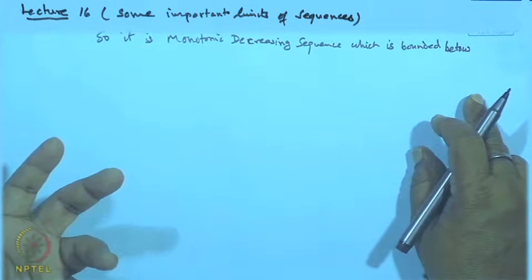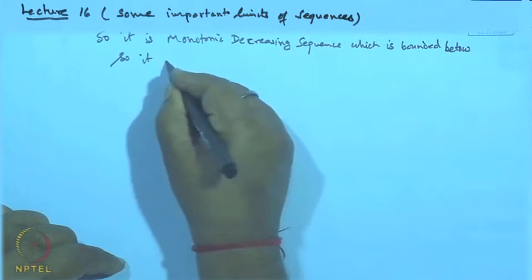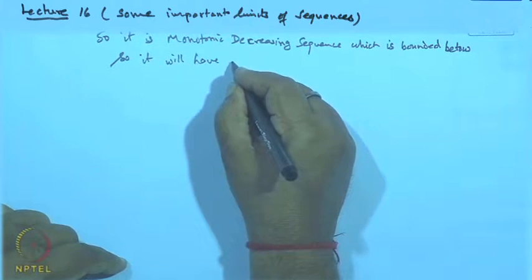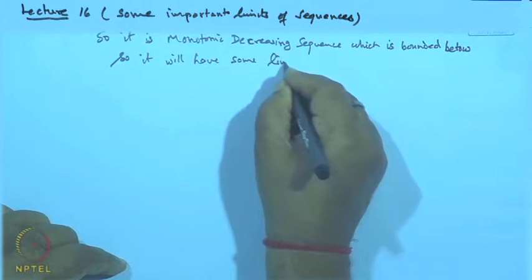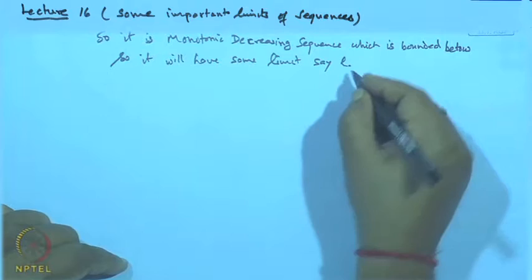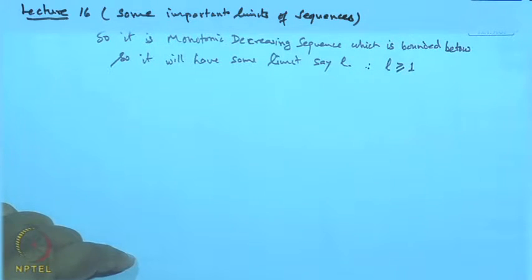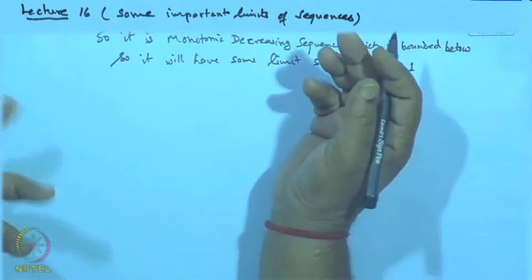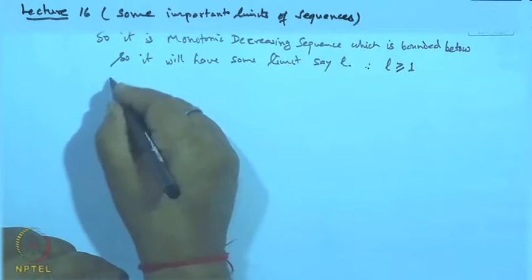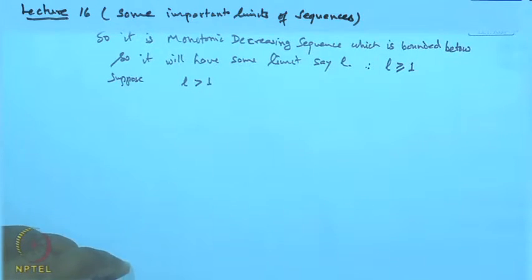So, it must have some limit, because every bounded monotonic sequence has a limit. Say the limit is L, and therefore L will be either greater than 1 or equal to 1. Suppose L is strictly greater than 1.